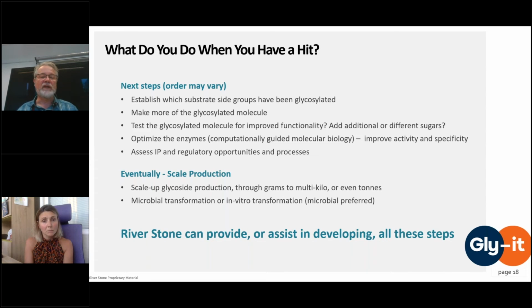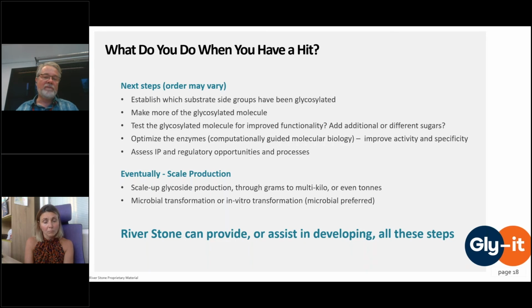Make more of the glycosylated molecule, yes, for that purpose, but also if you want to test the glycosylated molecule for improved functionality, so altered solubility, altered colors, and so on. We can also talk about adding additional or different kinds of sugars than just UDP-glucose, which will usually be the first you test with.